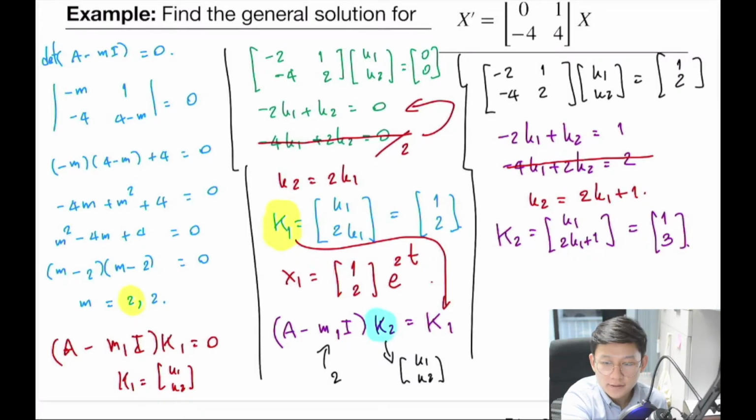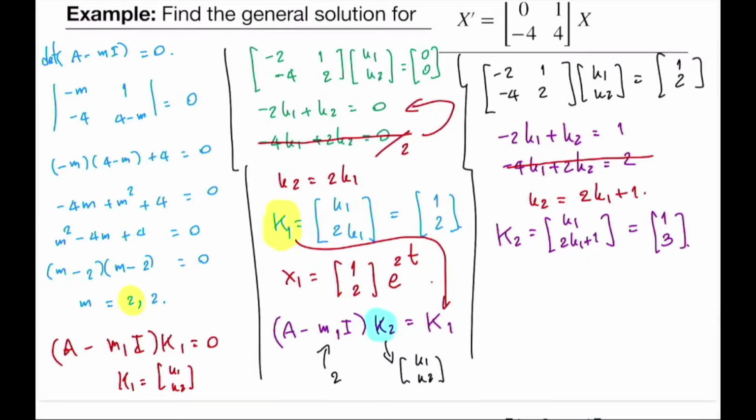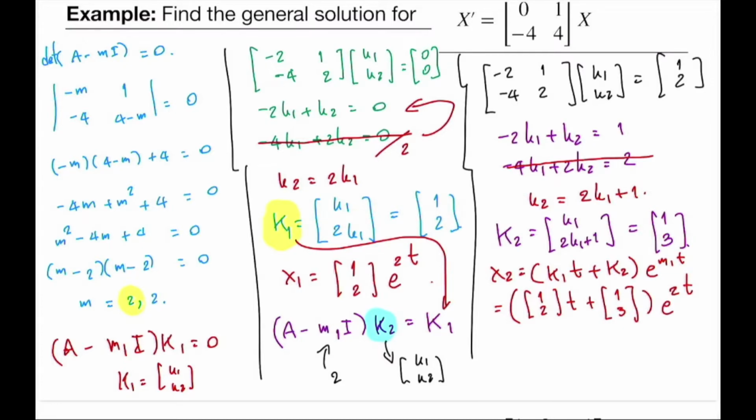So we have that the second solution, x2, would be k1 t plus k2 times e to the m1 t. So in that case, it would be (1, 2) t plus (1, 3), and then e to the 2t. So right now we can get x1 and x2.